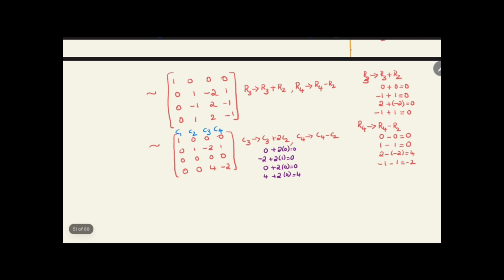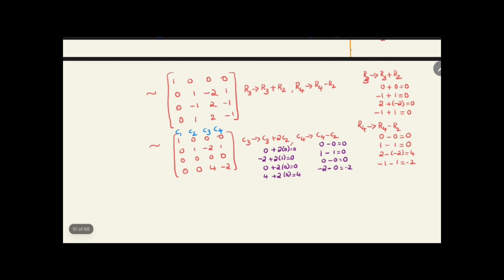Now coming to here, C4 minus C2, first element is 0 minus 0, it is 0. Okay, students. Next, second element of C4 is 1 minus C2 is 1, so 0. Next, here it is 0 minus 0, again 0. And the fourth element of C4 is minus 2 minus fourth element of C2 is 0, which is nothing but minus 2.